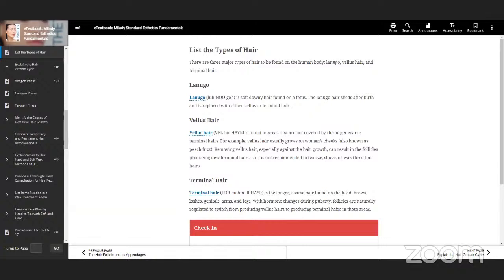So we want to advise our clients, once you start hair removal, make sure you get a professional and bring them from a first-time customer into a client. You don't need to be waxing and jumping around. People don't play about their hair.